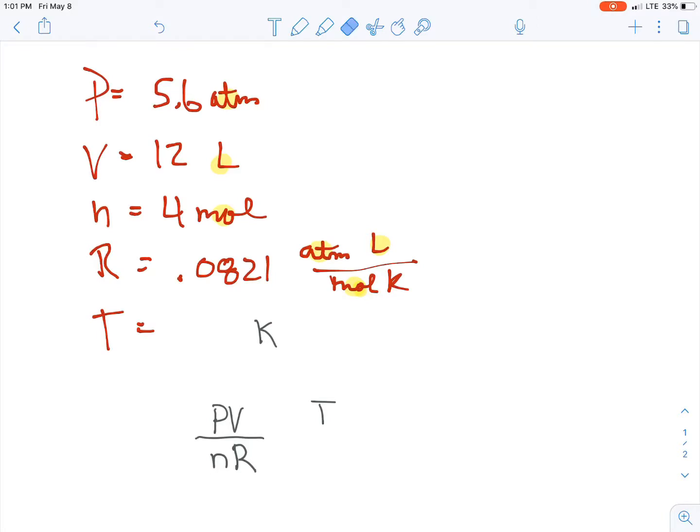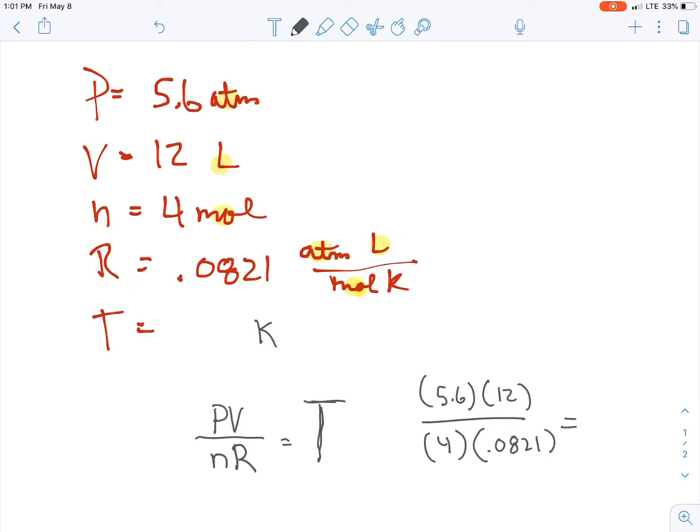Okay, let's try that again. PV divided by nR equals T. There we go. So we have 5.6 times 12 divided by 4 divided by 0.0821, and that will get you your temperature in kelvins.